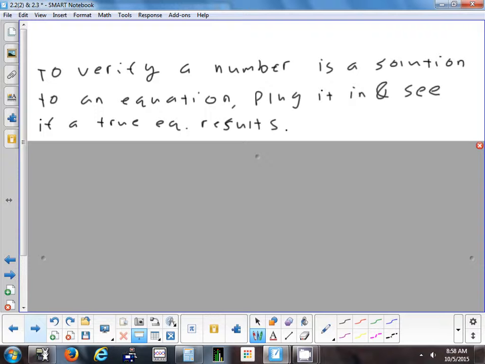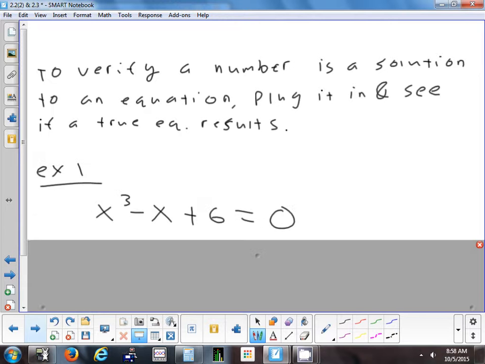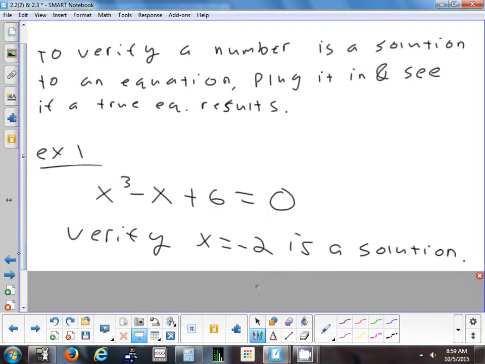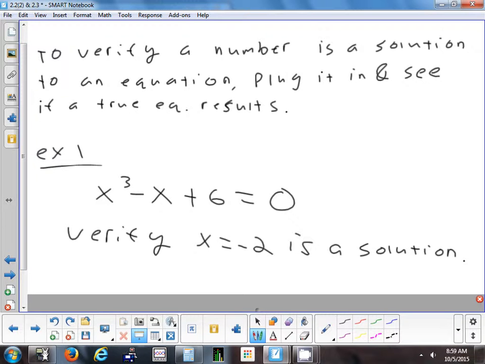If you want to check if a number is a solution to an equation, you just plug it in and see if you get a true statement. All I want to do here is just verify that when you plug negative 2 in, it's a solution to the equation x cubed minus x plus 6 equals 0. When I fill negative 2 in on the left-hand side, and then I simplify the whole thing, what am I hoping to get?